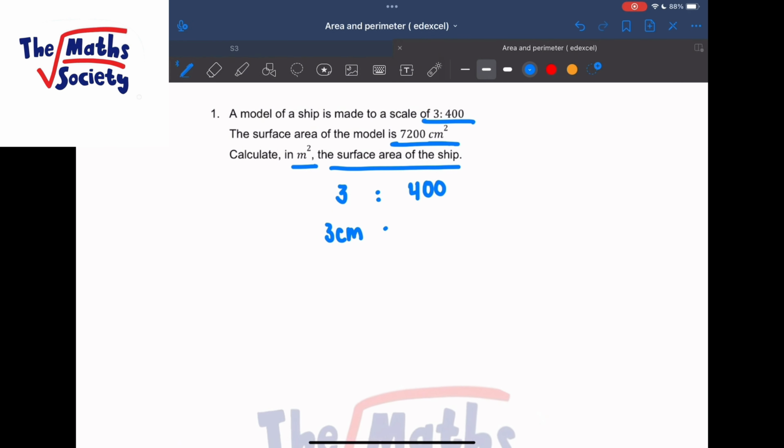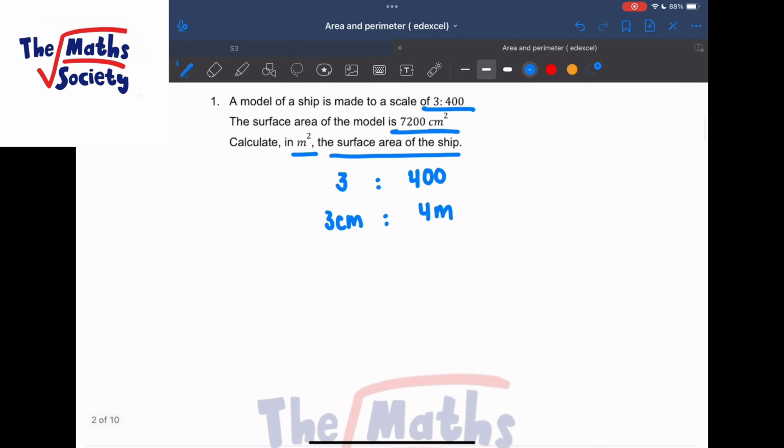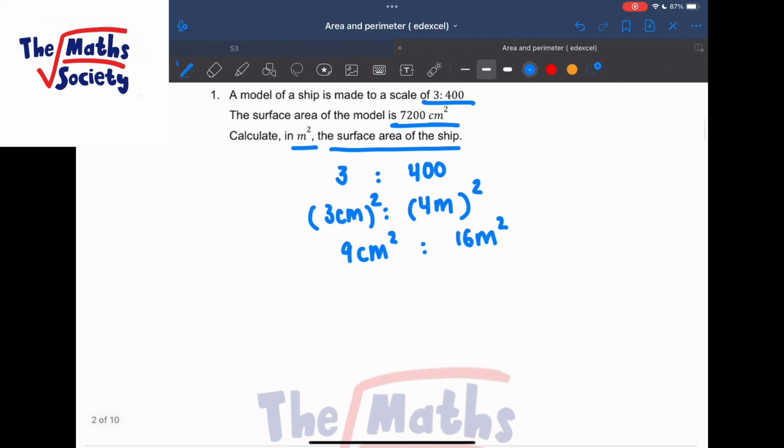And then to make sure that it's in square, we've got to square them. So when we square these, you will have 9 cm square is to 16 meters square. Then we divide by the lower number, so you'll have 1 unit is to 16 by 9 units.